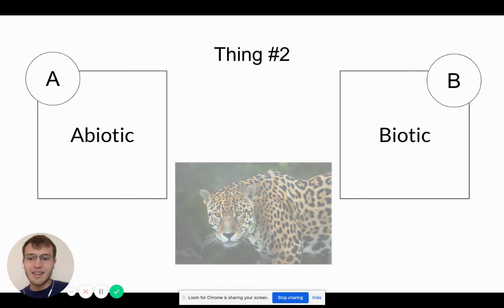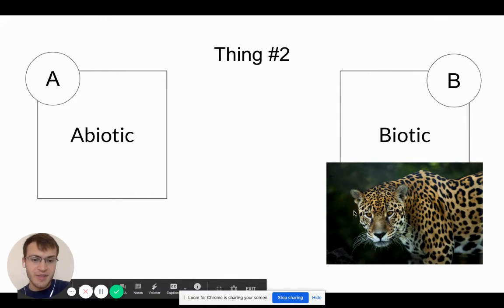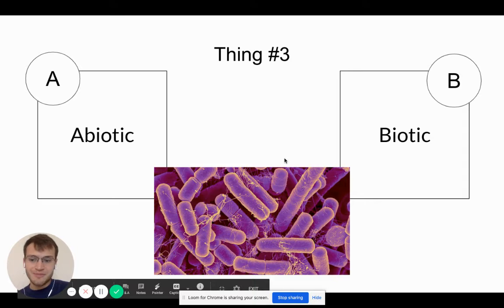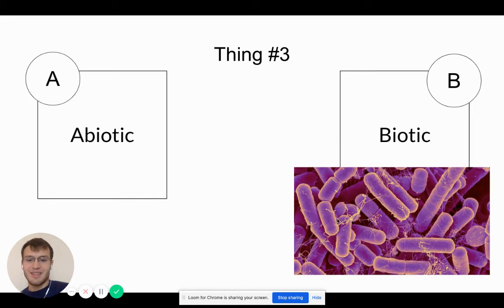This is living. So this is a jaguar. It is a biotic factor in the ecosystem that it lives in. It's alive, it's living, so it's biotic. All right, thing number 3. All right, this is biotic.